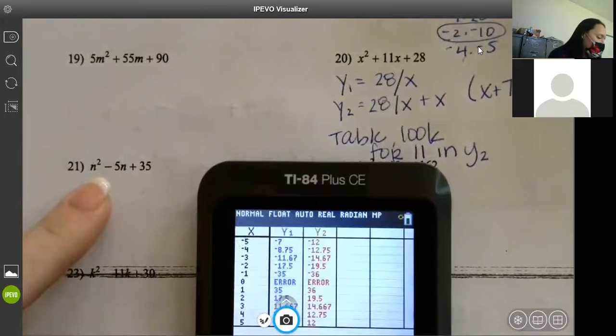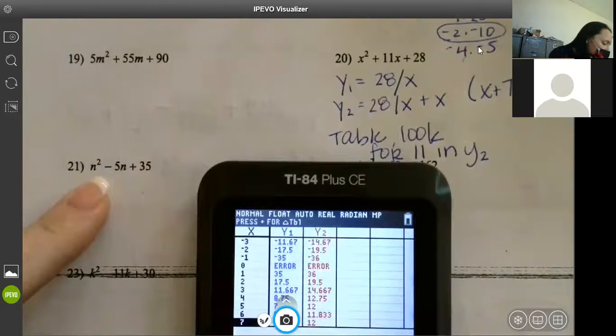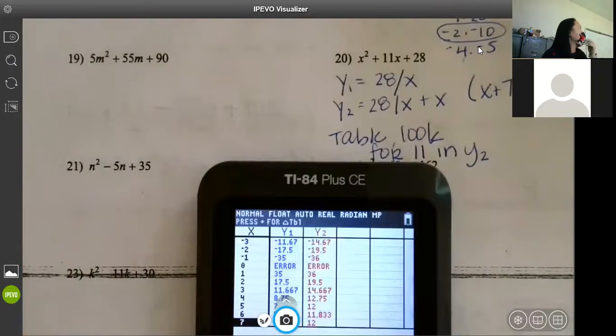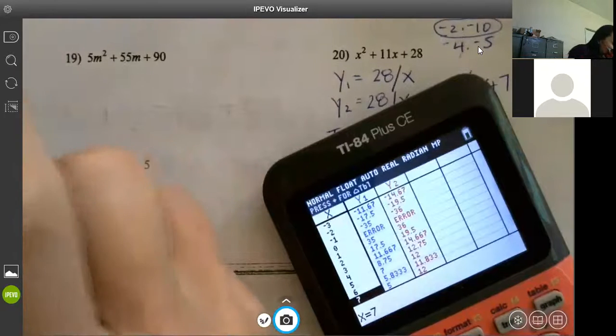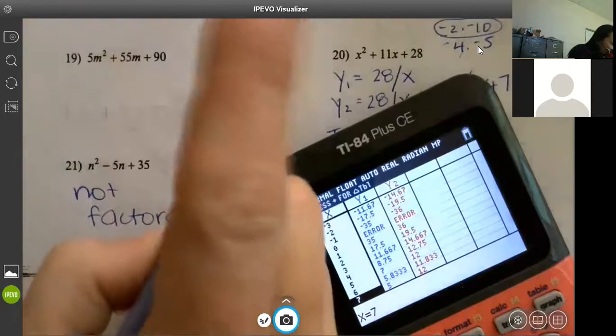So in my table, I'm going to look, there's -12, -36. I need to go this way. What do you notice? There's a -36. What do you see? Do you see any of them? So this one is not factorable. That's a crappy example.